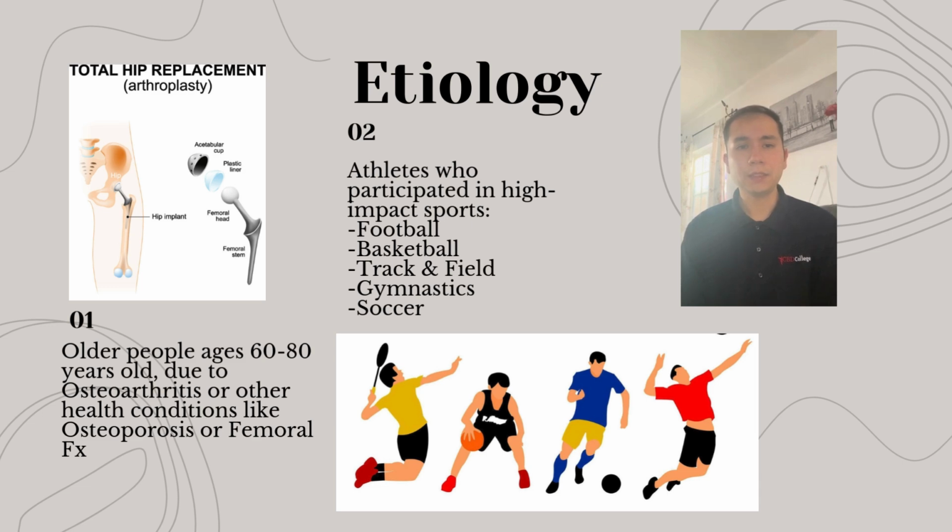And this condition has been really prevalent in the US and around the world. According to the American Academy of Orthopedic Surgeons, it is estimated that by 2030 there will be 570,000 total hip replacement surgeries performed in the US annually.